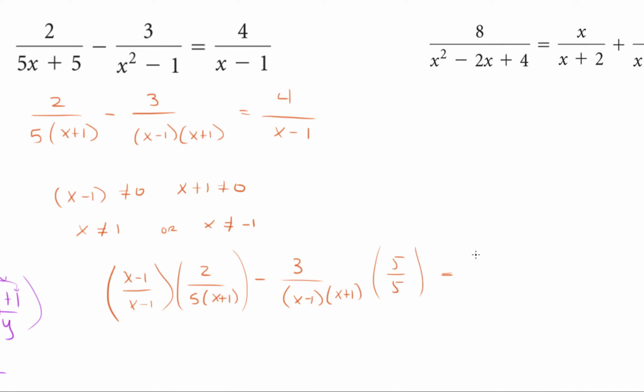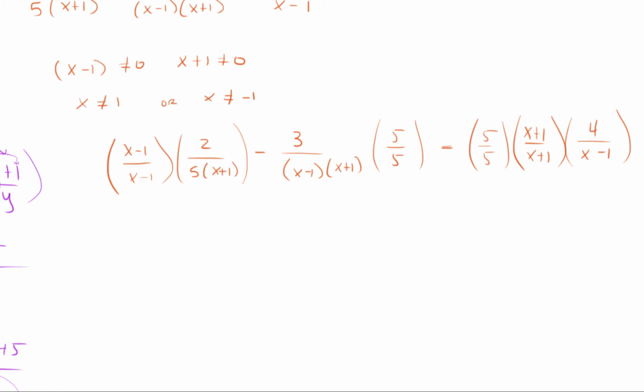The last term, I'm going to multiply by 5 over 5 and x plus 1 over x plus 1. Okay? Very similar to the previous example, we're not going to distribute the bottom. We're just going to distribute the top.